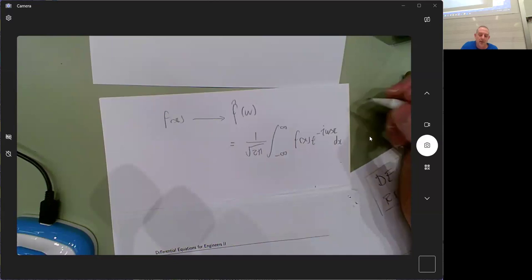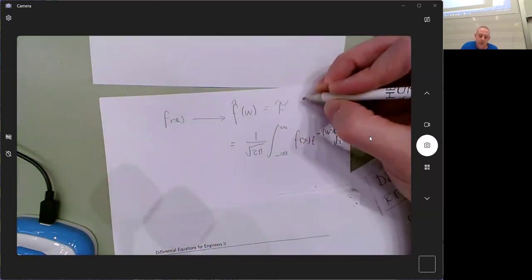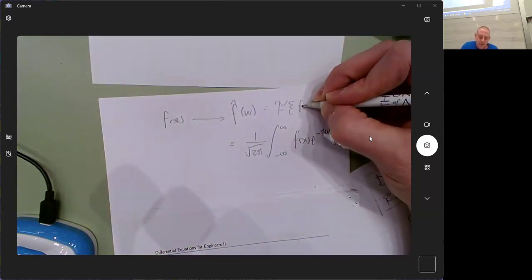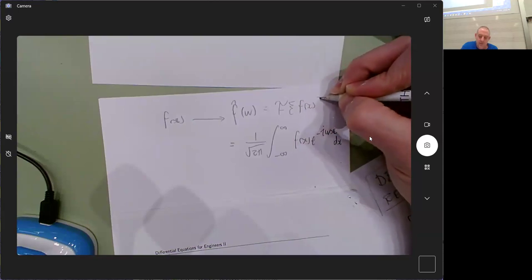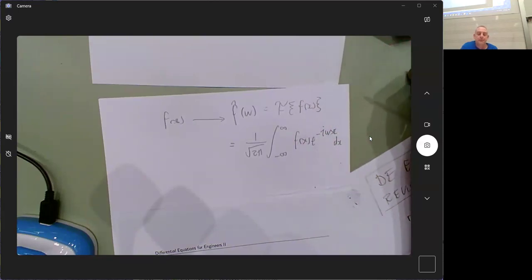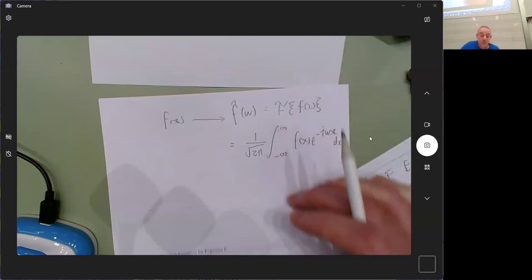This is also known as curly F of curly brackets little f. And you can come back the other way as well.